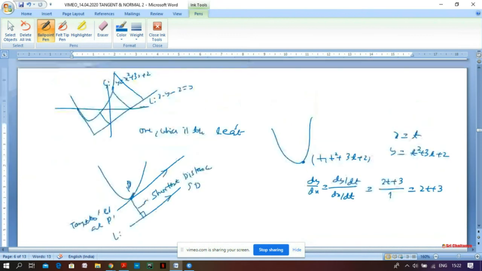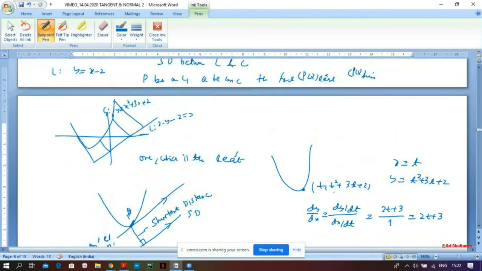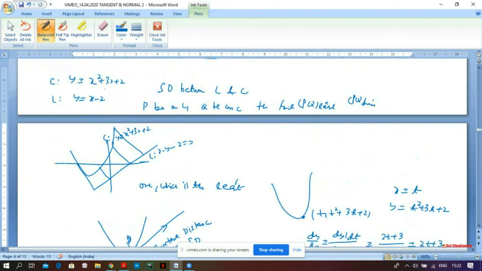So let's review what we did. We said that we wanted to find the shortest distance between this line and this curve.